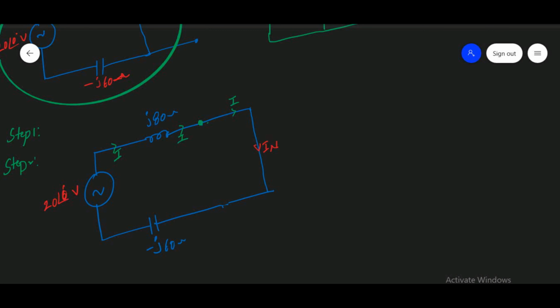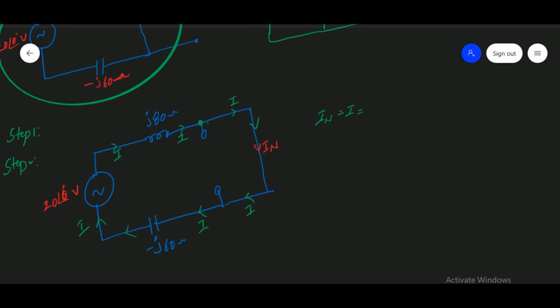I. That is your IN current flowing through this branch. The same amount of current reaches here, because of the open branch. Is there any current division here? No, this is a closed circuit, there is no current division. So IN is nothing but I.